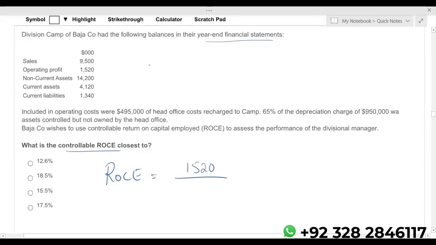So capital employed we can calculate very easily: total assets minus current liabilities. Non-current assets 14,200 plus 4120, so your total assets are 18,320, minus the current liabilities of 1340. We are getting capital employed of 16,980.